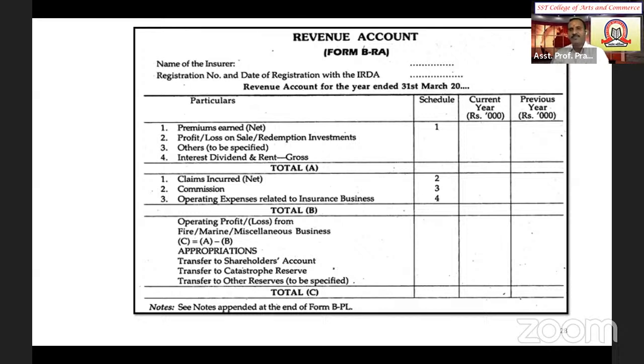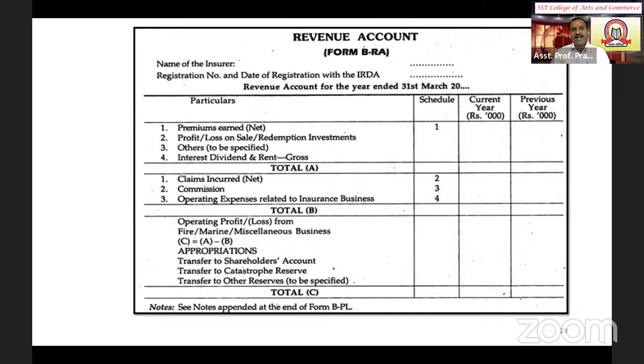So form B-RA, and for profit and loss account B-PL, and for balance sheet B-BS. In the revenue account, one part is the income part and another part is the expense part. And for that income and expense, we must prepare the schedules.